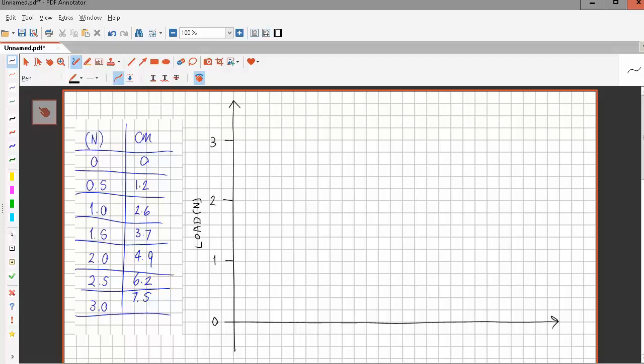I have 27, and I want to go up to 7.5. Seems that if that's 27, we could go up to 30 over here.